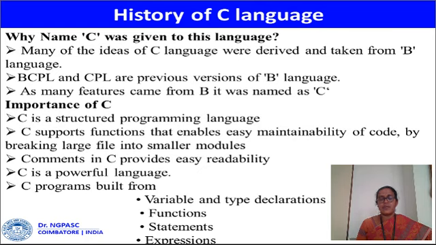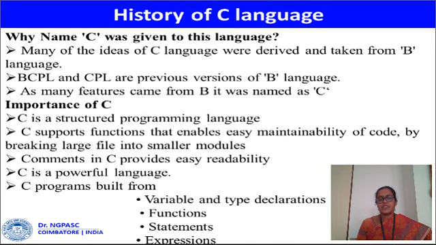What is the importance of the C programming language? C is a structured programming language. It supports functions, which make the code easy to maintain and reuse by breaking large files into smaller modules.